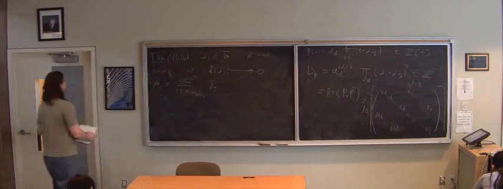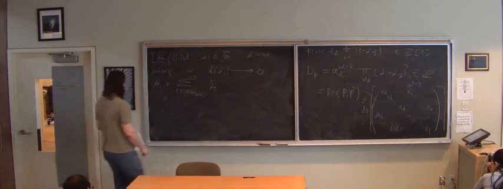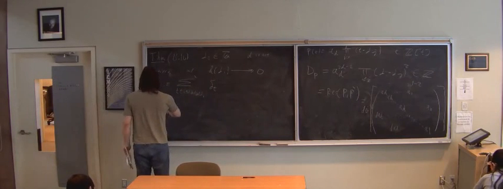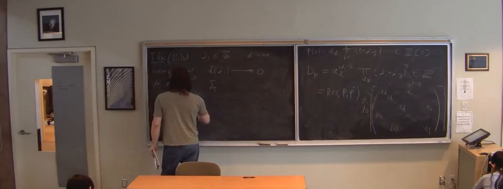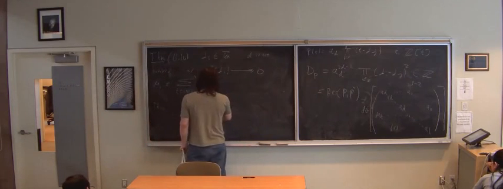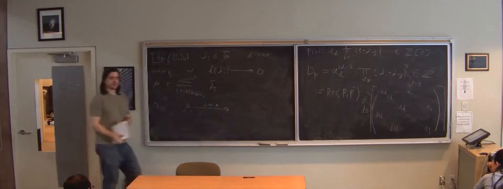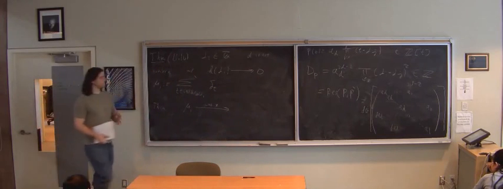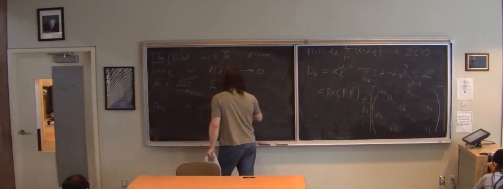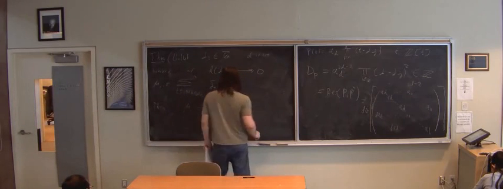That gives us a measure. Then mu_i converges. As always, for us, convergence of measures always means in the weak star topology, to the Haar measure on S1.